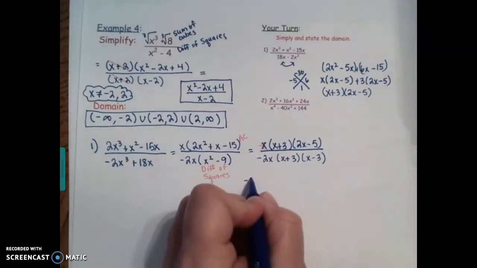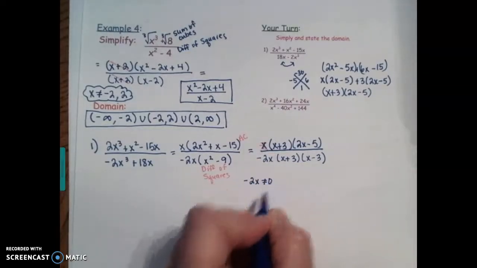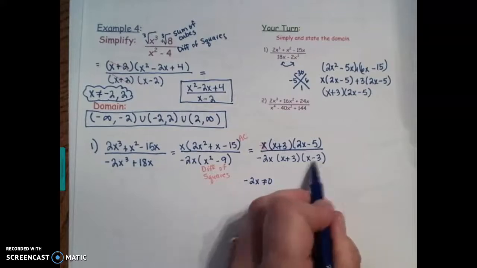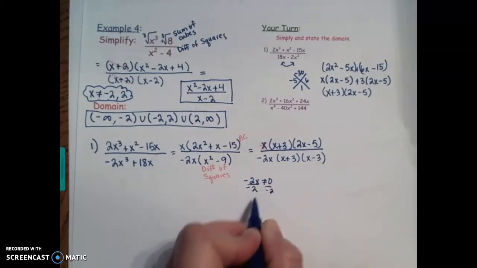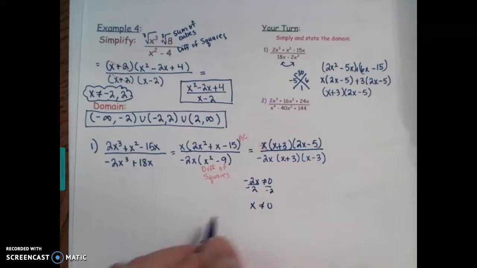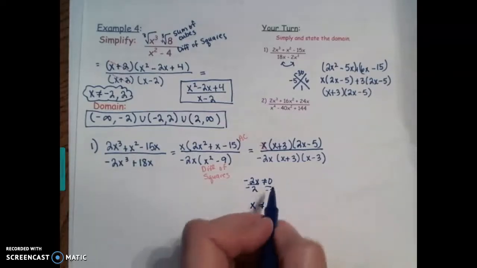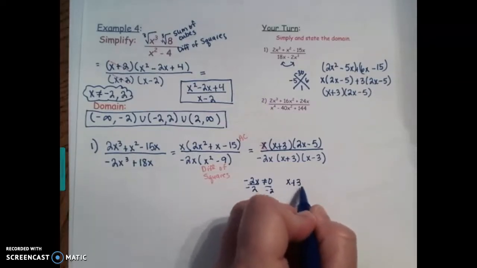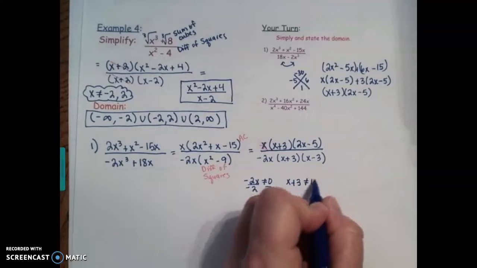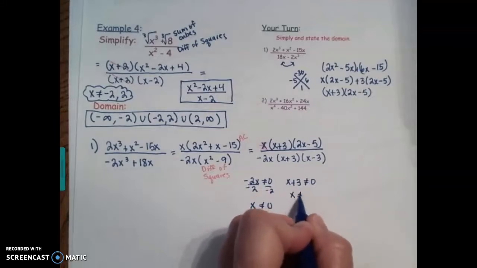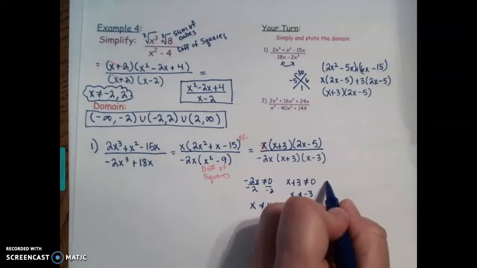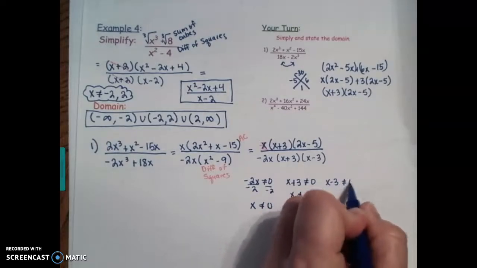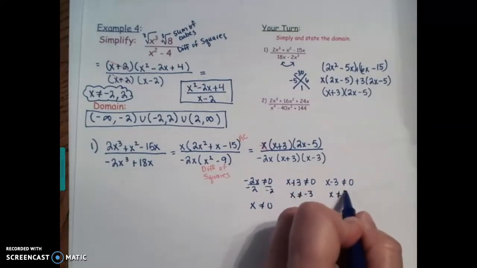So if I said negative 2x cannot equal 0, because I know if that equals 0, the whole denominator equals 0. If I solve that, I would get x cannot equal 0. Same thing with the 3. If we said the x plus 3 cannot equal 0, when we subtract, you would get x could not equal negative 3. And then with the x minus 3, we would get x could not equal positive 3.